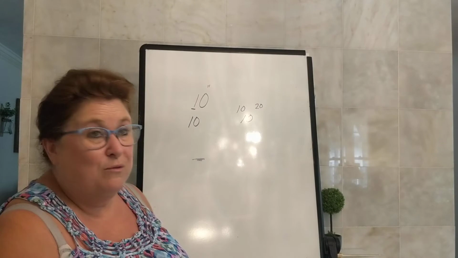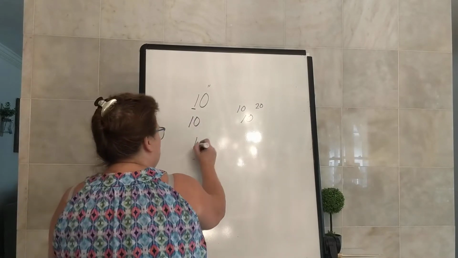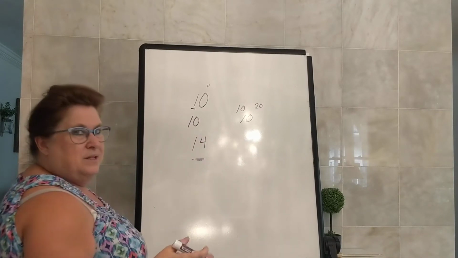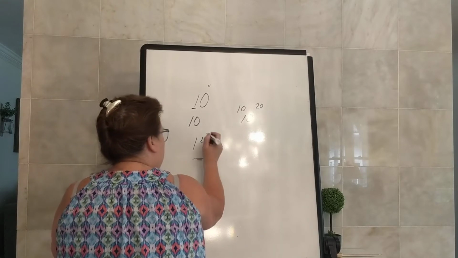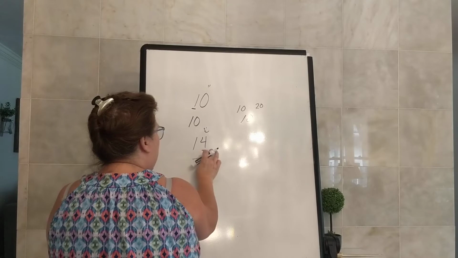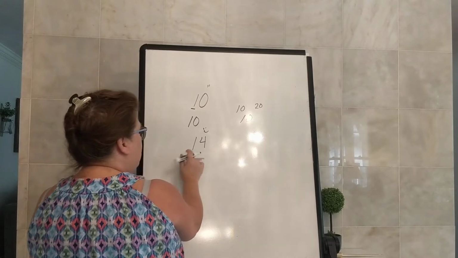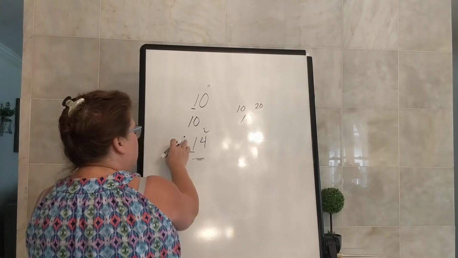Oh, I put the wrong number up there. It's 14. I was thinking, what an easy problem. But it's 14. So 4A is number 14. All right, so here's our 14. Everything I said still is the same. I just had the wrong number up there. So we look at our digit in the ones place. If it's 0, 1, 2, 3, or 4, it tells us what we're going to do with our digit in the tens place.